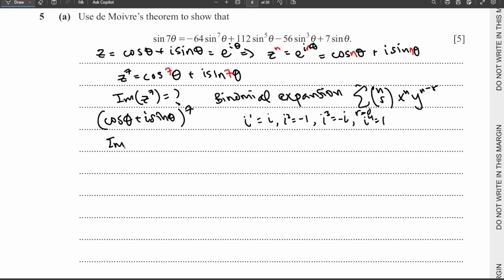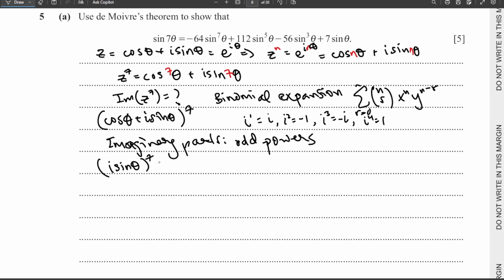Let me write this down: the imaginary parts are the odd powers. Let's take first i sine theta to the power 7, when r is 0. So i to the power 7.